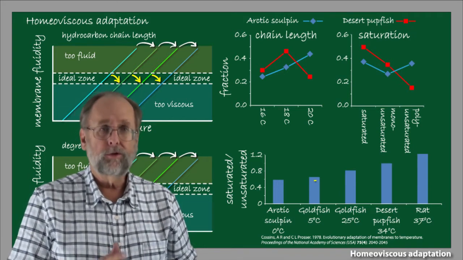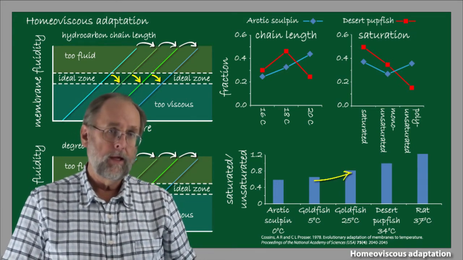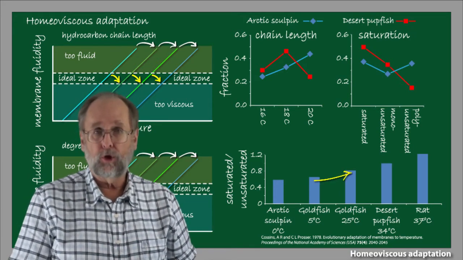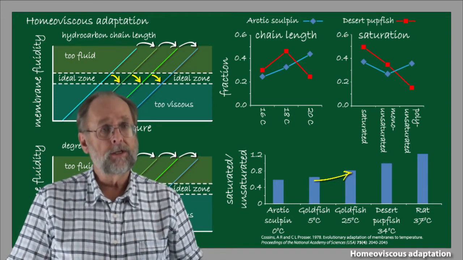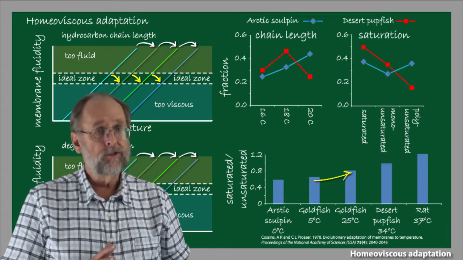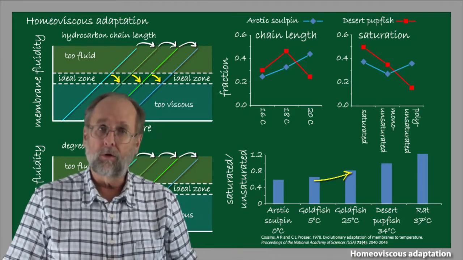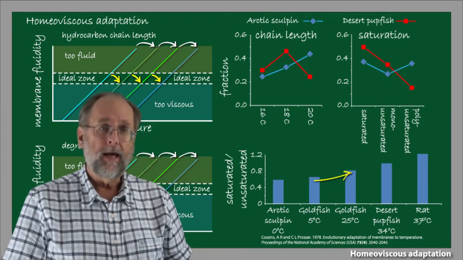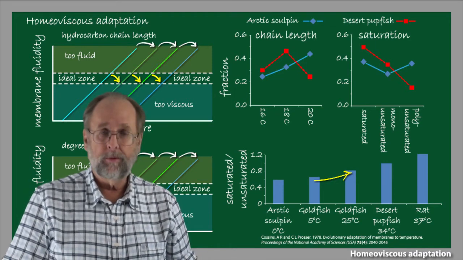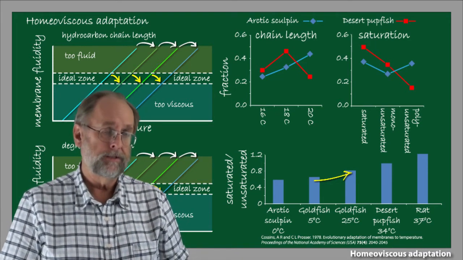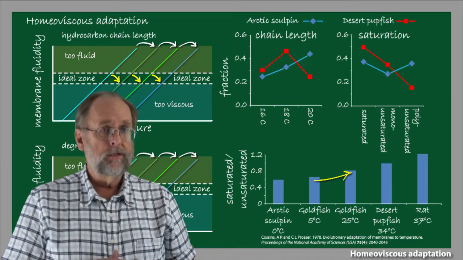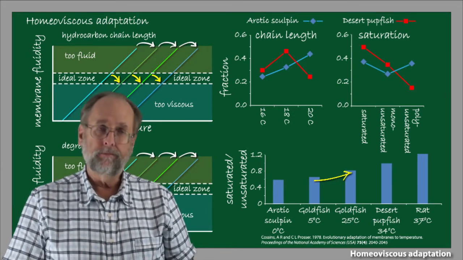Particularly interesting are the two goldfish ratios. When goldfish are acclimated to cold temperatures of 5 degrees Celsius, their ratio of saturated to unsaturated phospholipids is smaller than for goldfish, the same species, acclimated to the warmer temperature of 25 degrees Celsius. So this prediction, at least, is borne out by the data.